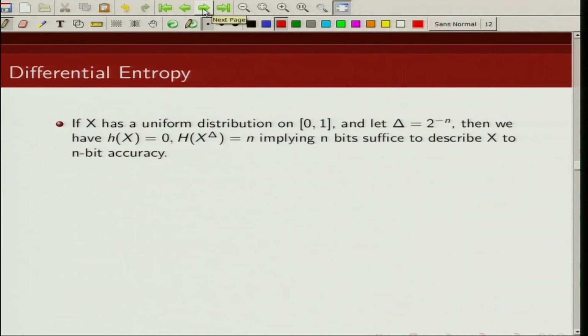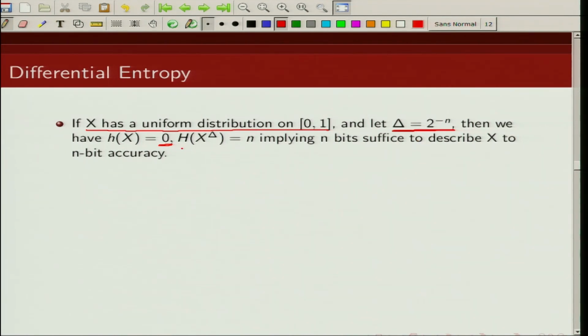Now if we assume x to have a uniform distribution between 0 and 1 and we take our delta to be 2 raised to minus n, then in this case the differential entropy is given by log of A, which is log of 1, which is 0, and minus log of delta will be n.